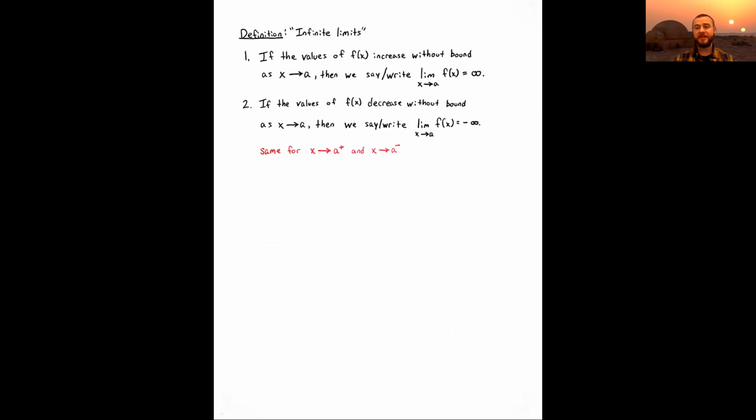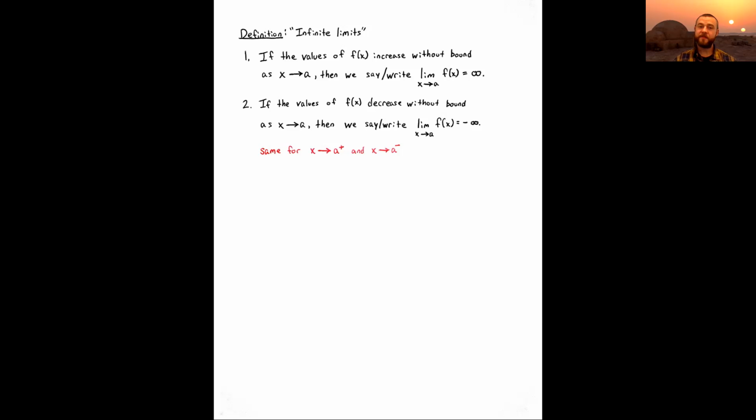All right, let's get to the definition of infinite limits. And it's really not that bad. The first part says if the values of a function increase without bound, and what we mean by that is, if something increases without bound, it keeps getting bigger and bigger and bigger, and there's no upper bound for it. Your function values will then surpass every proposed upper bound.